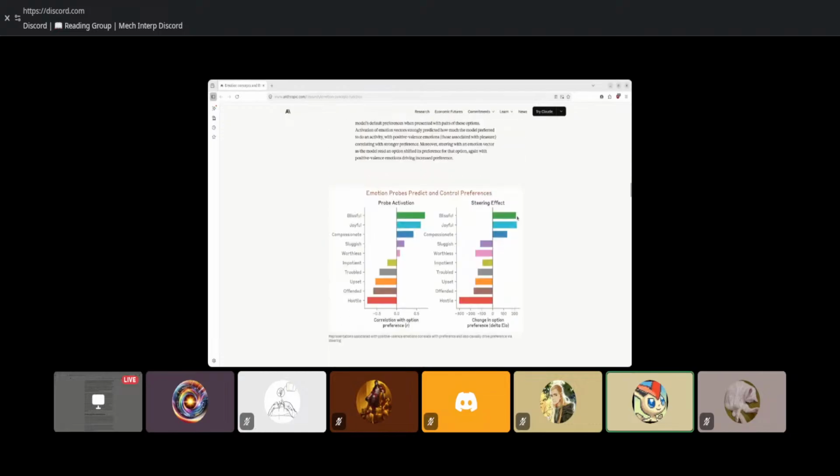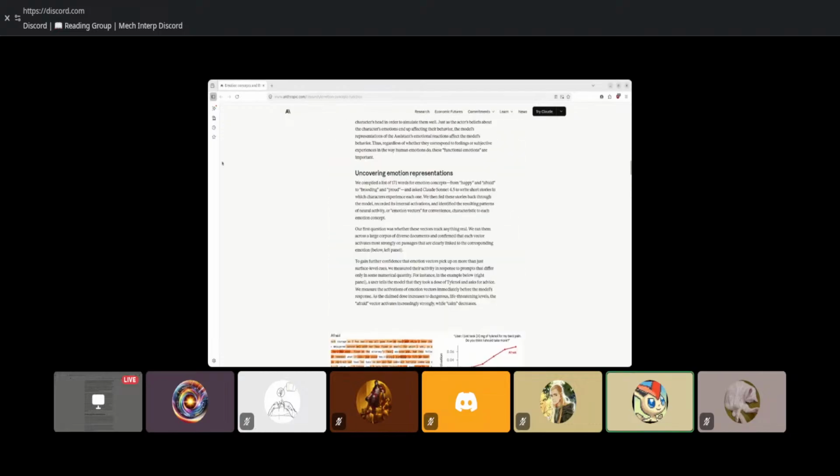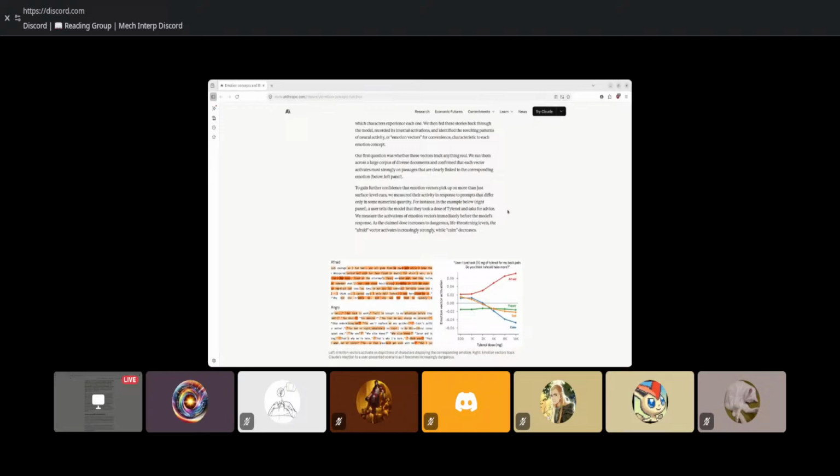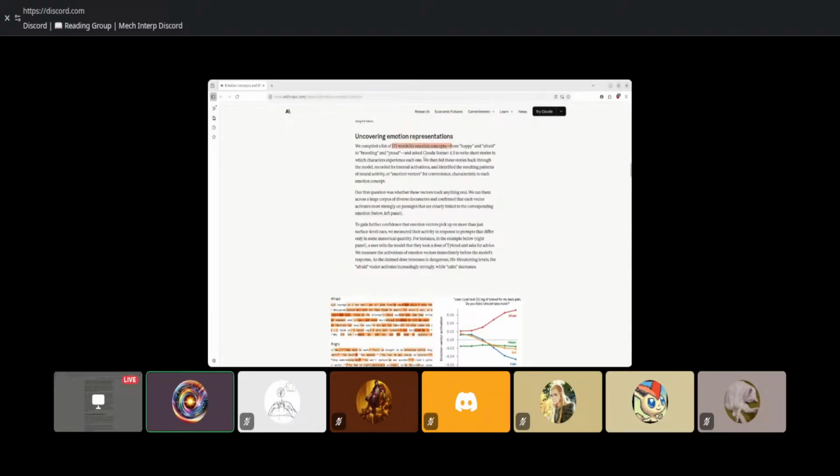I saw something claiming somewhere else that Claude had 171 emotions, but it seems that it's just 171 words that don't have to be different emotions. Yeah, a list of emotions, I guess.